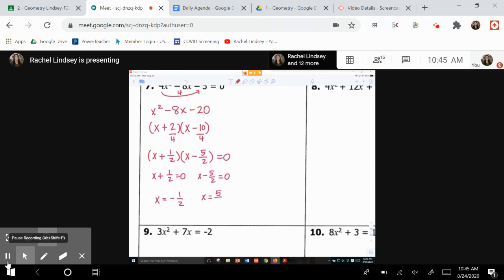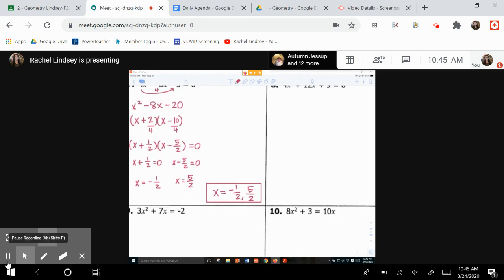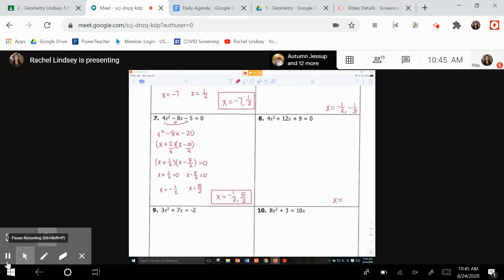Positive 5/2. Okay, on number 8, x will equal negative 3/2. I'm going to skip that one.